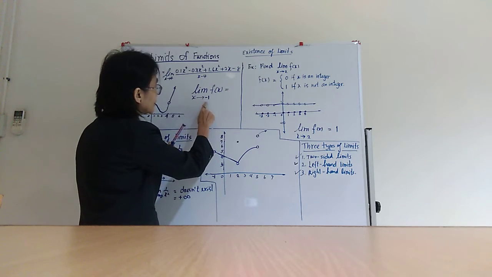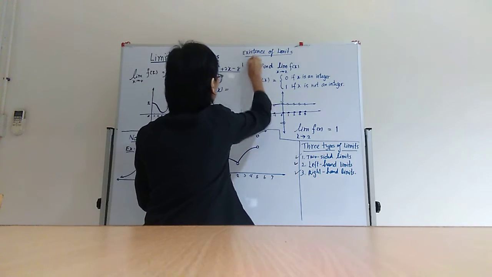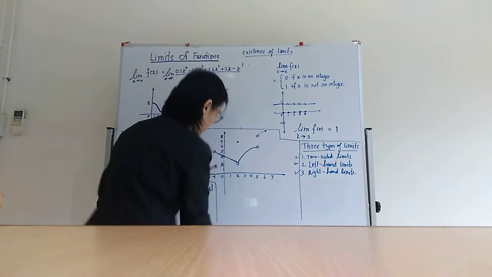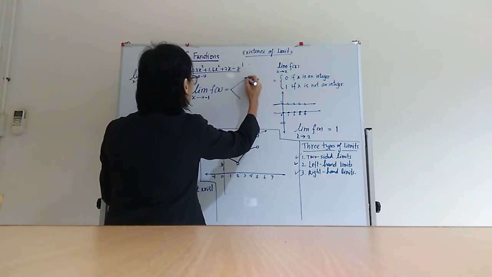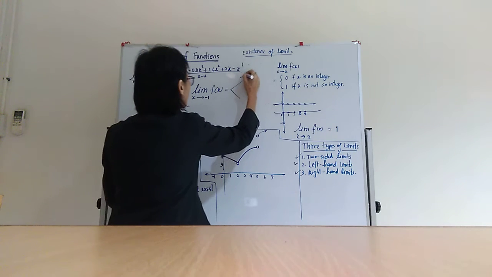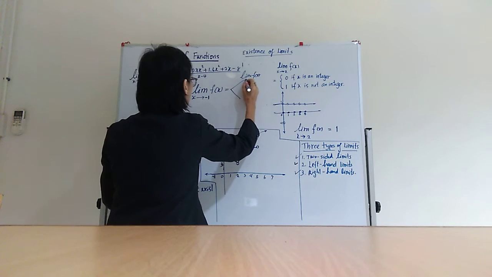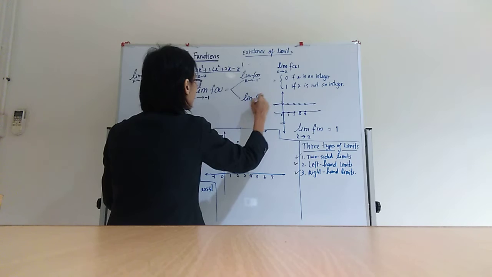In this case, you have to read two things. Maybe I delete this one now. So in this one, you must read from the left, right? The limit of f of x when x approaches negative 1 minus, and the limit of f of x when x approaches negative 1 plus.